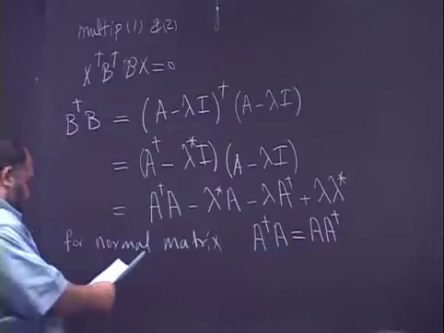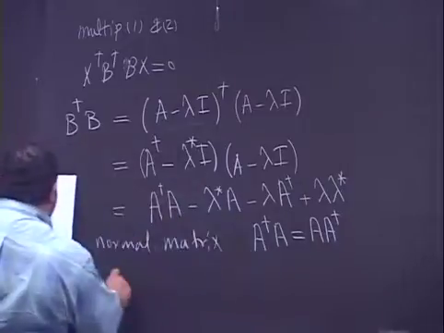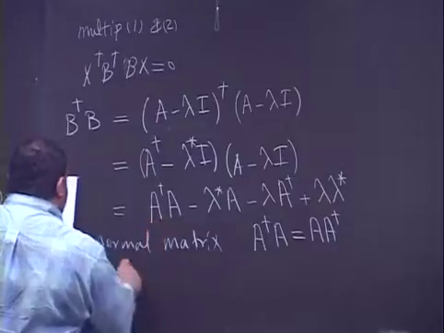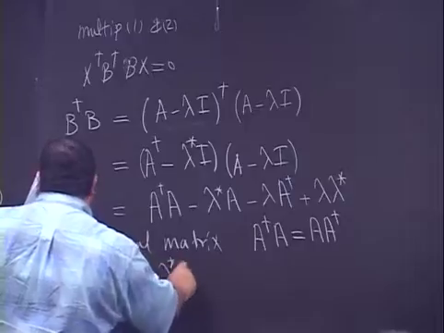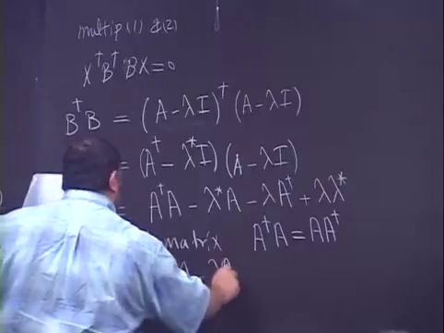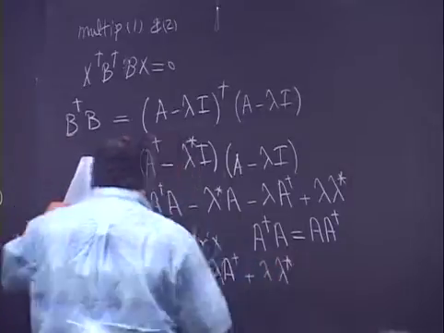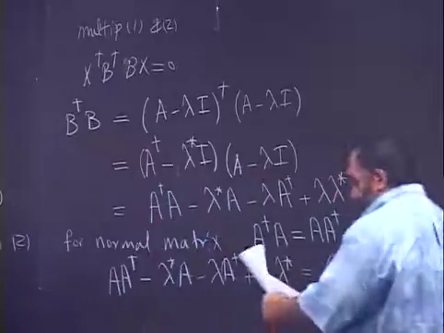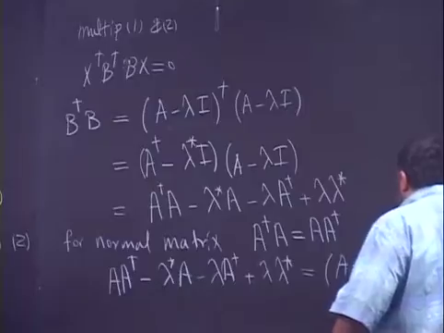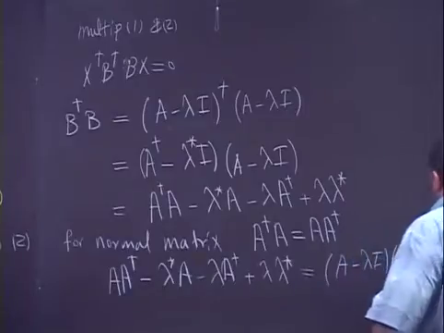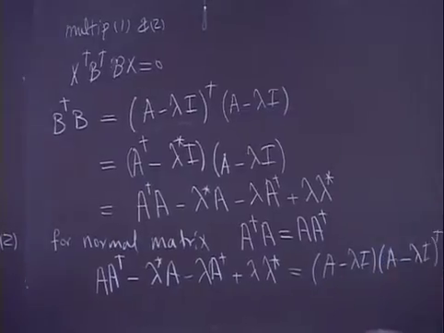So when you apply the commutation property here, we can replace this, so this will be A dagger minus lambda star times A minus lambda, times A star plus lambda star, and then I can rewrite this as A minus lambda I multiplied by A minus lambda I dagger. What's this?